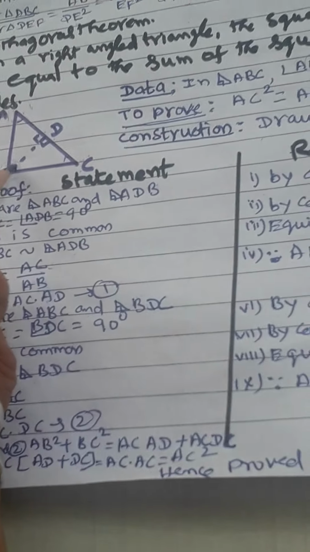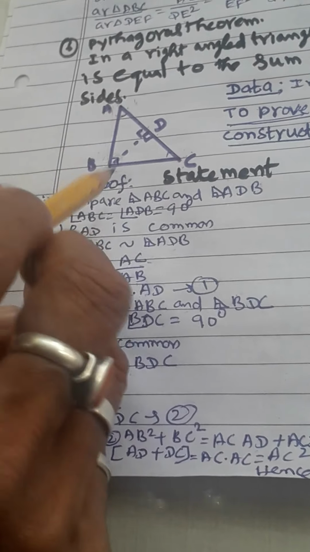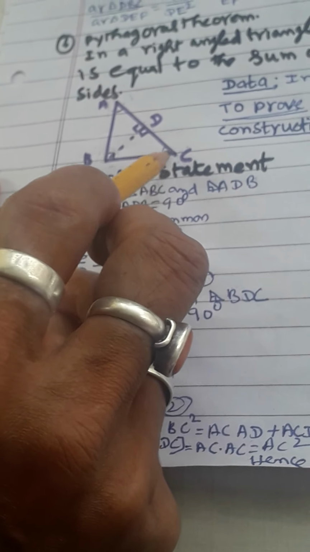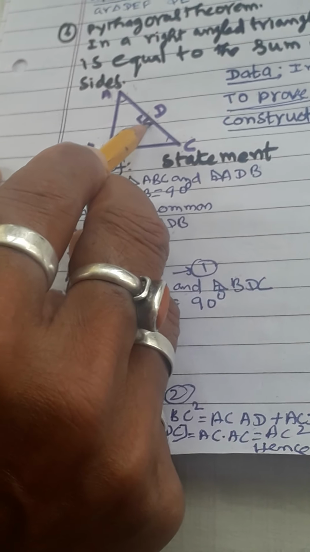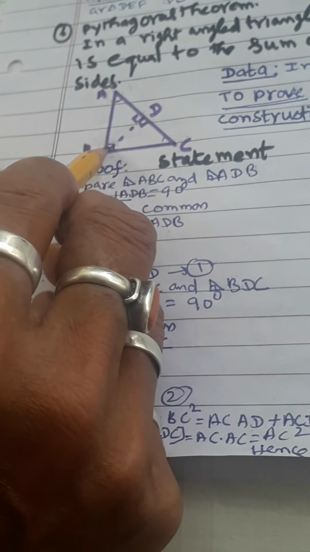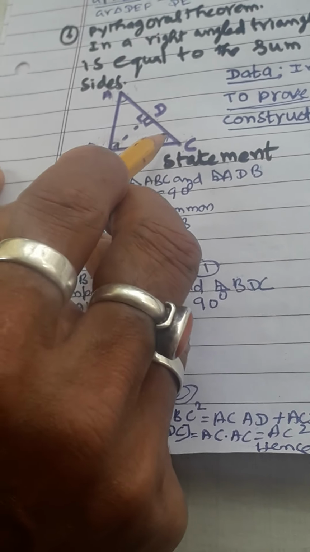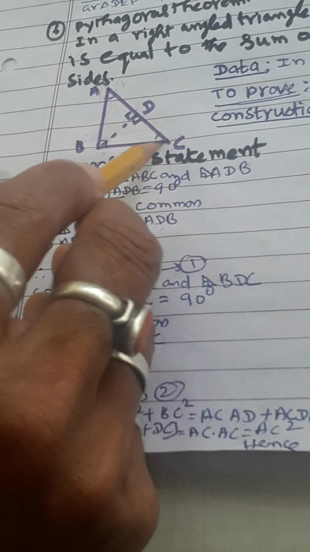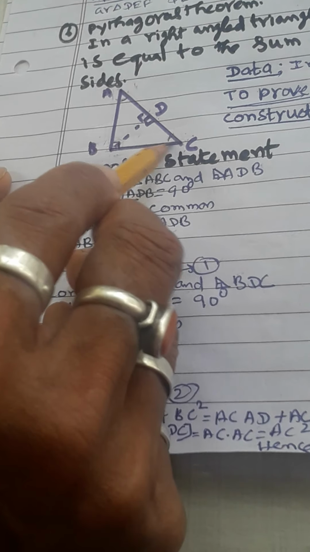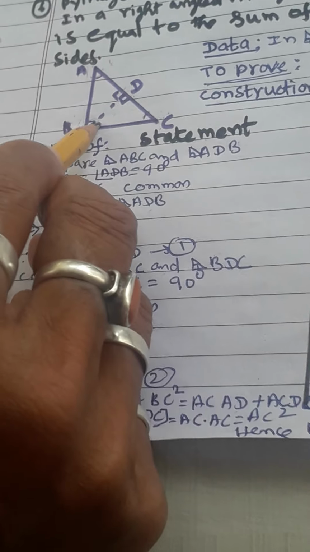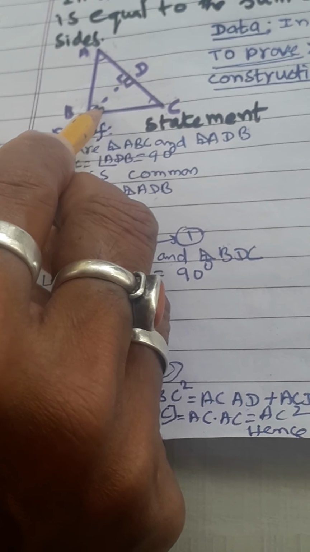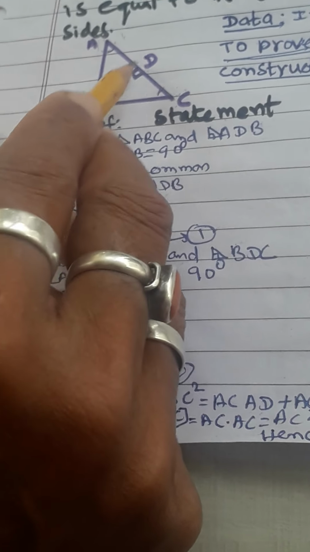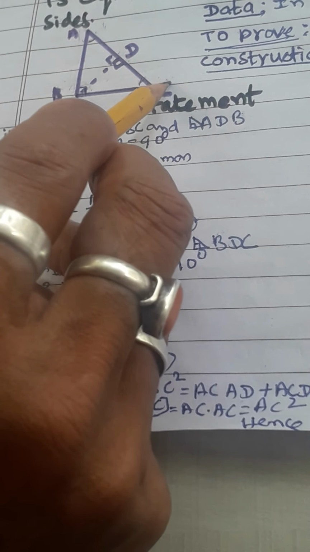Next you consider triangle ABC and then triangle BDC. Here also there is 90 degrees, so those two are equal. Angle C is a common angle for both triangles. Once two angles are equal, naturally the third angle will also be equal, so triangles BDC and ABC are equiangular.